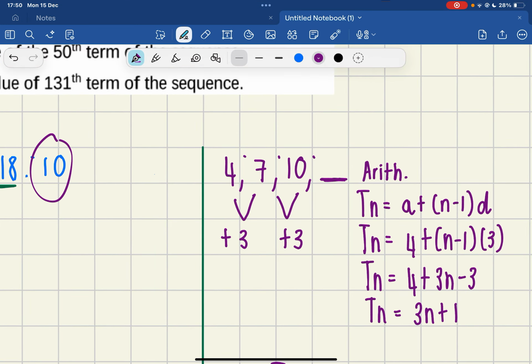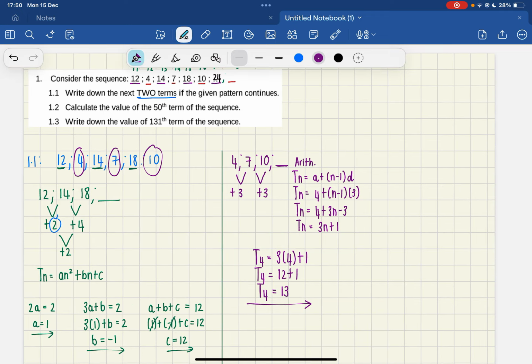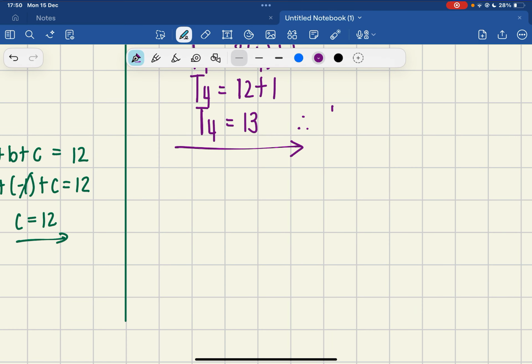There we go, boys and girls. And therefore, T8 in the original sequence is 13.